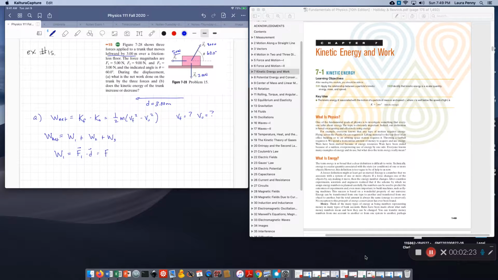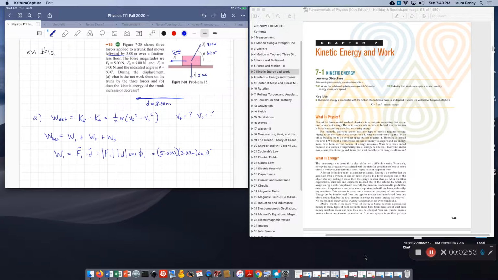Remember, I can do this through just saying the magnitude of F1, the magnitude of the displacement, times the cosine of the angle between that force and the displacement. Well, here I have 5 newtons and a displacement of 3 meters. And then the angle between this force and this displacement is 0 degrees.